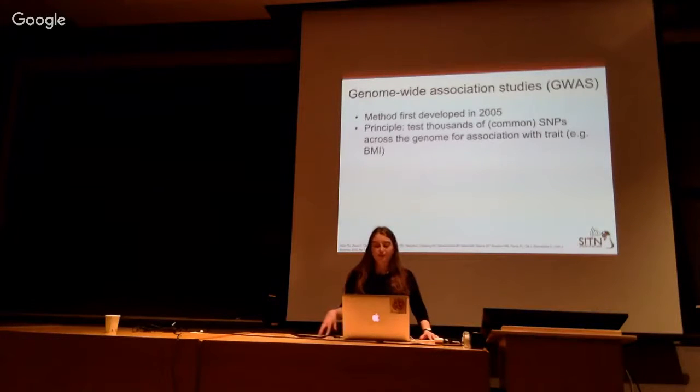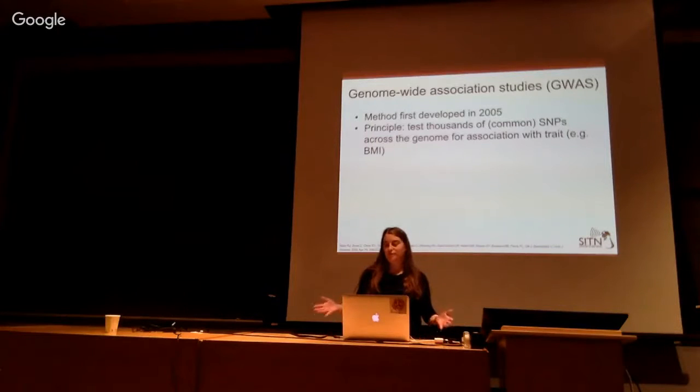So Genome-wide Association Study, which is sort of a terrifying sounding term, is actually exactly what it sounds like. So you're looking across the genome, so genome-wide, for association. And so the idea is that you're literally going to go SNP by SNP and say, does this SNP appear to be associated with an increase or a decrease in BMI?